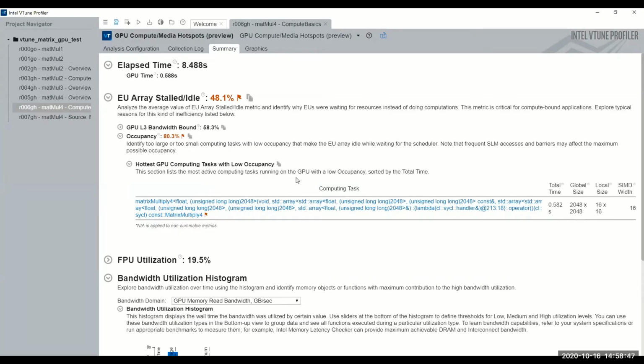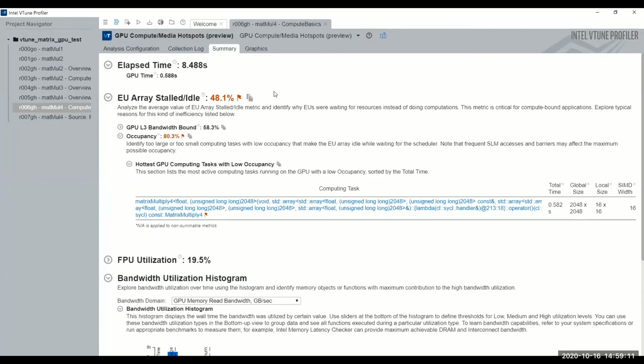we are getting this information overall on the amount of execution units, the percentage of execution units, the percentage of time while it was stalled, meaning waiting for something, most probably data from memory units.